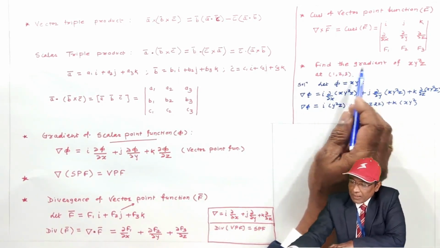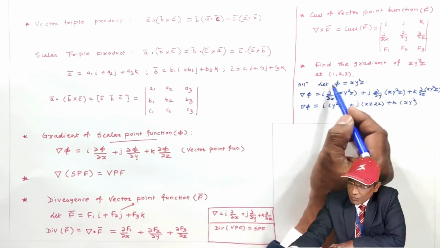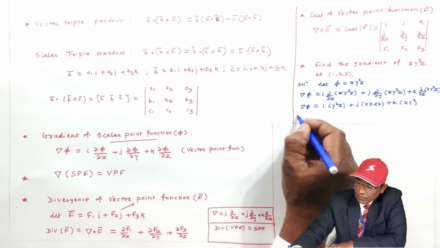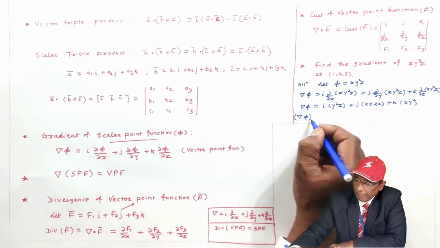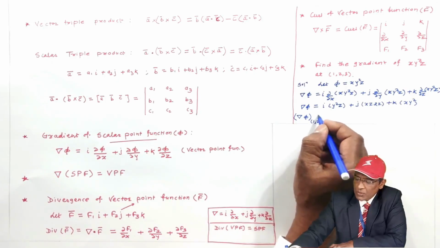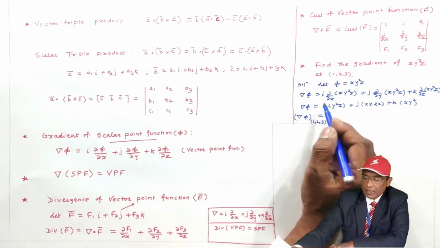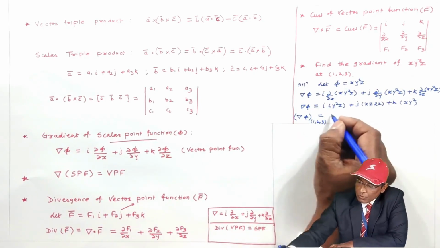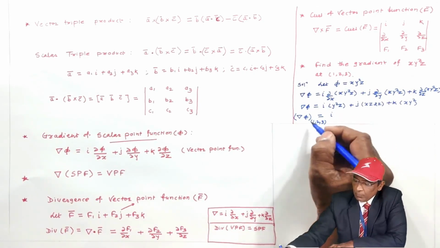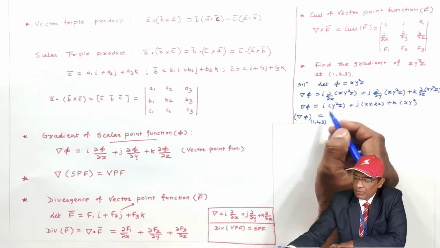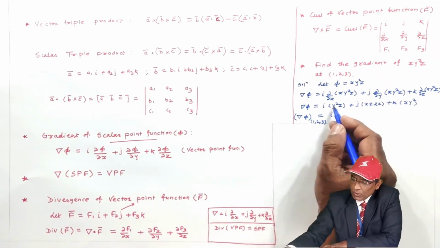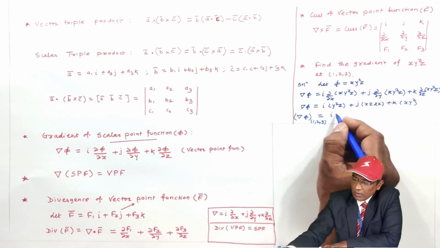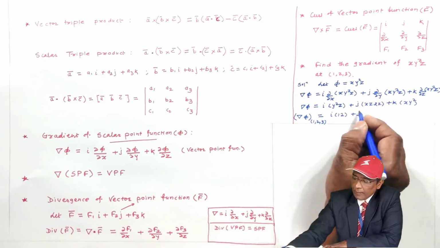But here I have to find the gradient of phi at the point 1, 2, 3. So the gradient of phi at the point 1, 2, 3, at any point; here at this point I want it. Gradient of phi at this point means what? I am writing directly. See, put x equal to 1, y equal to 2 and z equal to 3. If you put y equal to 2, 2 square means 4, 4 into 3 is 12, 12 i plus j.